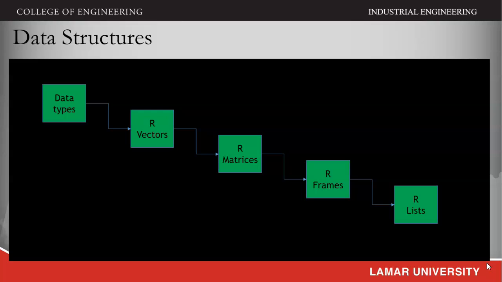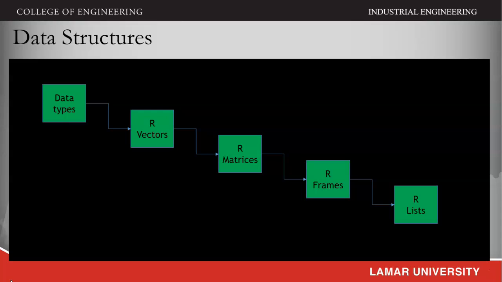Starting from vectors, we can create matrices, which are essentially two-dimensional vectors with certain particular properties. And then from matrices, we can create frames, and finally lists.